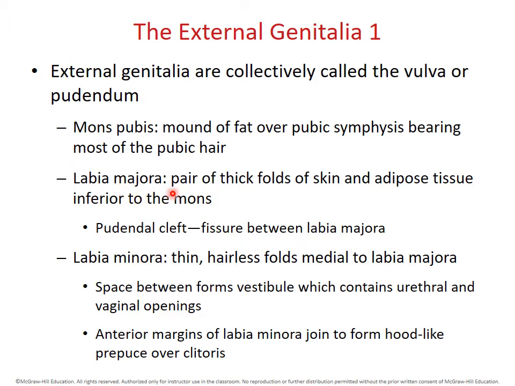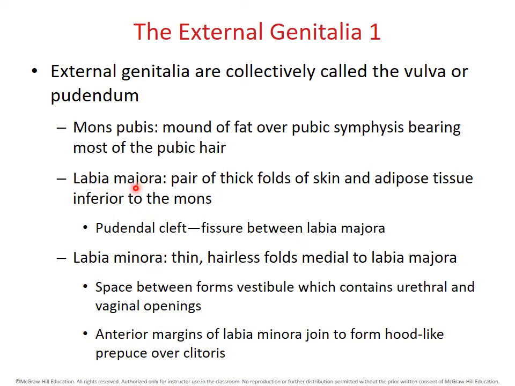Then we have two folds of skin tissue known as the labia, and remember, labium is a Latin word meaning lip. So labia majora, the larger major lips, are the external pair, and then lying within the labia majora is another smaller pair of folds known as the labia minora.